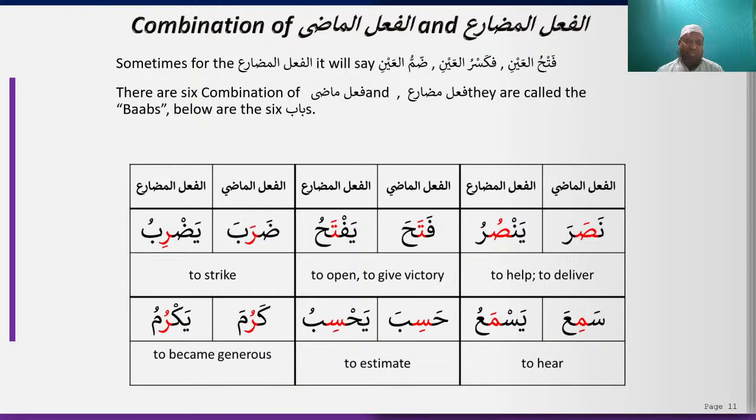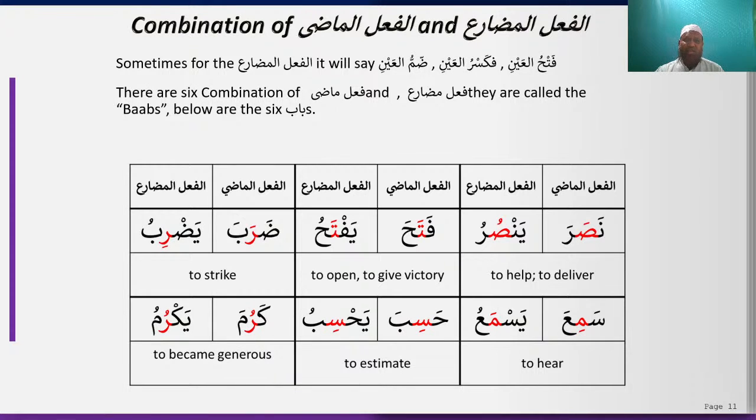Instead, they just write these babs. Like jalasa, you'll say daraba. Now we know daraba yadribu, jalasa yajlisu. The aynul kalima having kasra. Even instead of writing all this fi'l daraba, they just write the first letter, dad, in the bracket. Dad. That means from bab daraba.